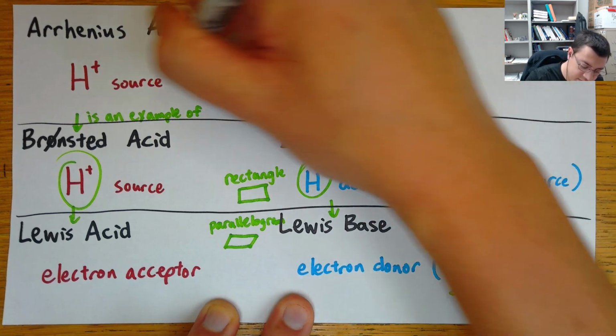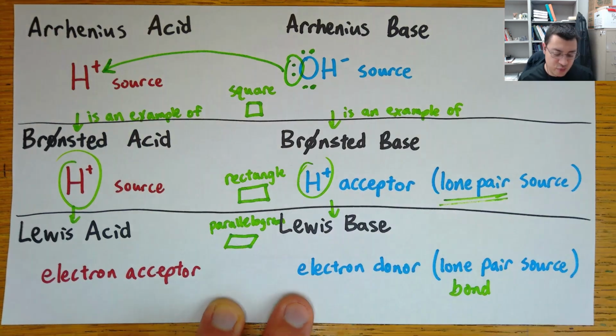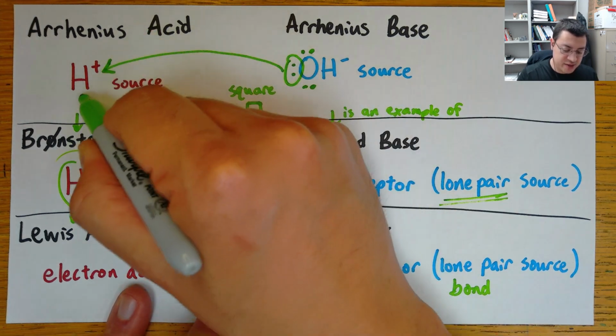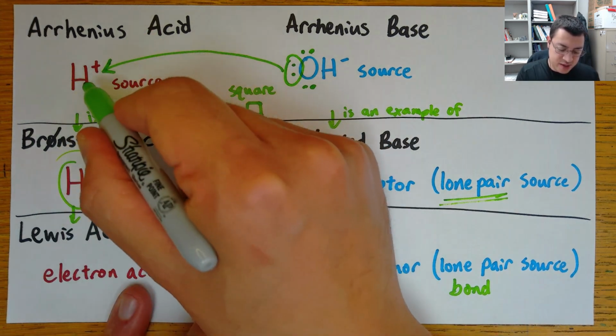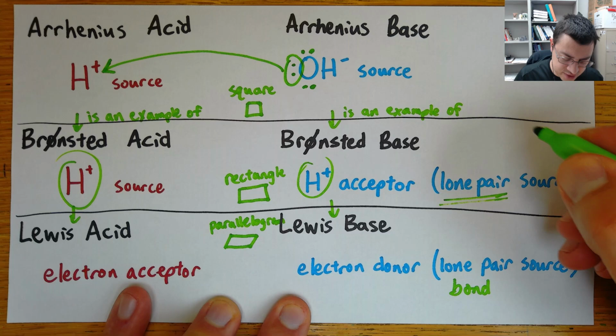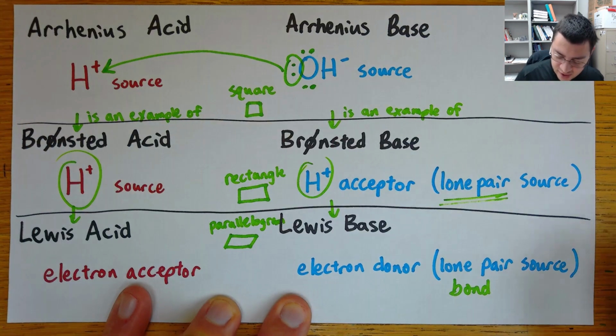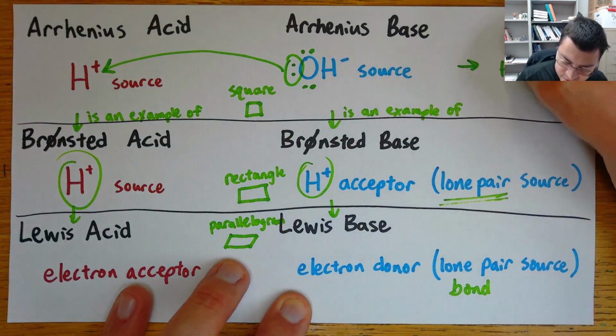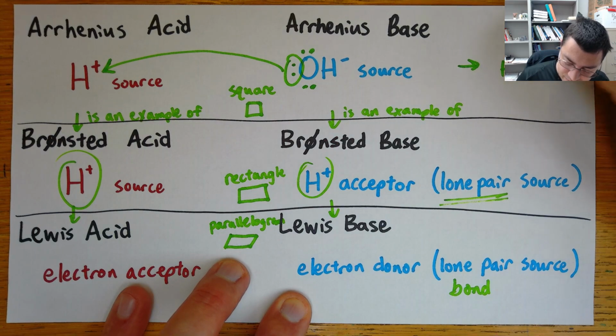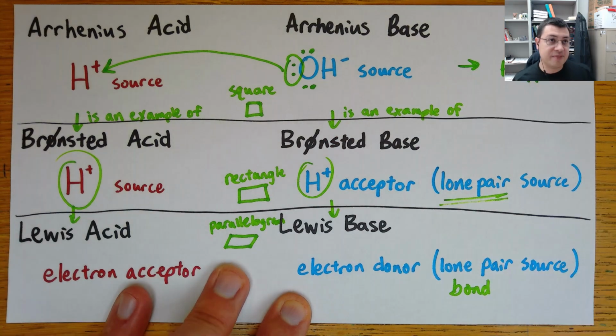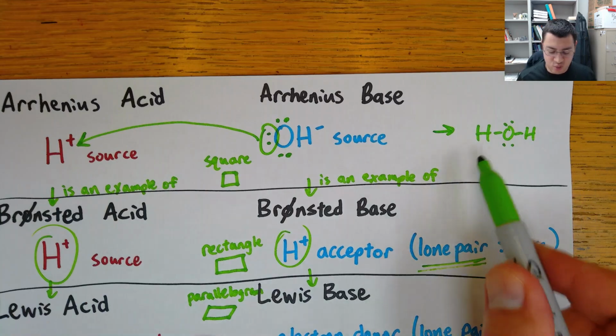It'll use one of them to form a bond with your Arrhenius acid proton. Your Arrhenius acid is the proton source. See, same definition here. This is your stereotypical acid-base reaction where you make a water molecule.